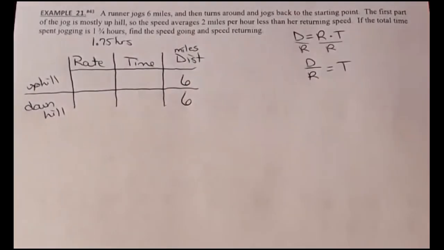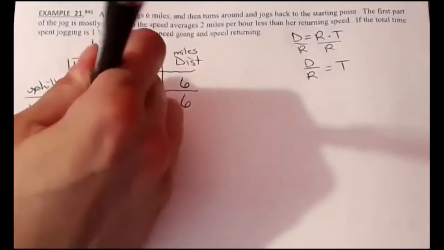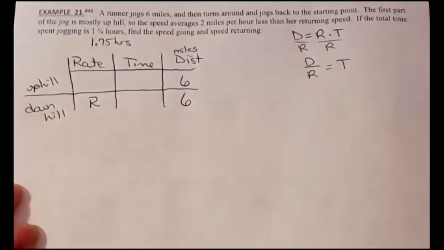The first part, because it's mostly uphill, her speed, or this runner, I'm automatically assuming the gender, which I shouldn't. So the speed is 2 miles per hour less than her returning speed. Oh, there it is. Okay. What that means is that her speed downhill, we don't know what it is. But what we do know is that uphill, she averaged 2 miles per hour less.